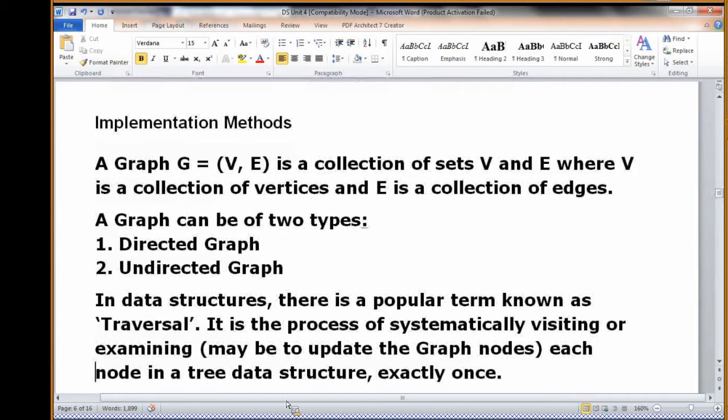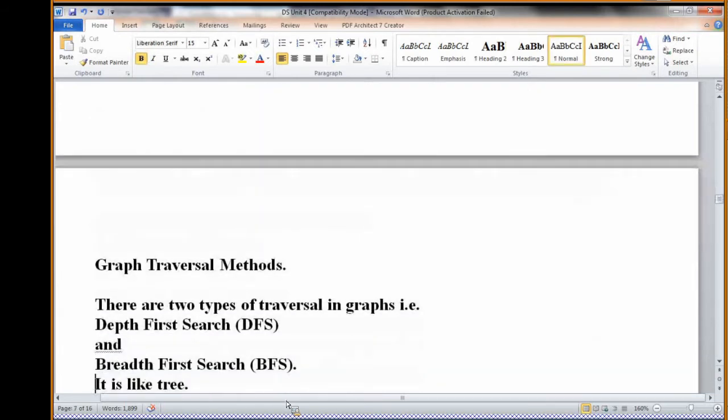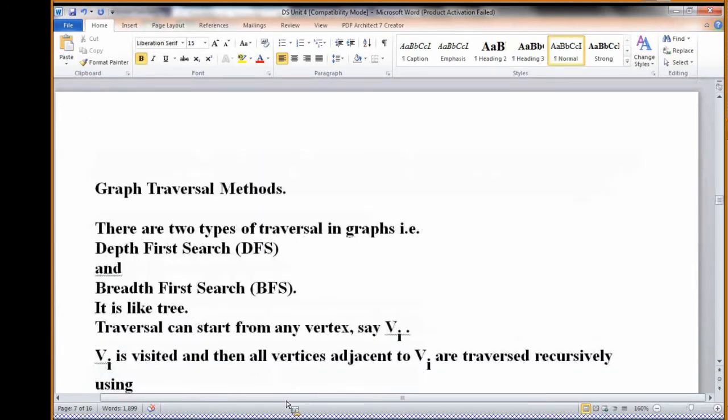Traversing is very important: the process of systematically visiting each node exactly once is called traversal. As you all know from data structures, it means visiting each node. There are 2 traversing methods in graphs, and one is depth first search, which we will call DFS.